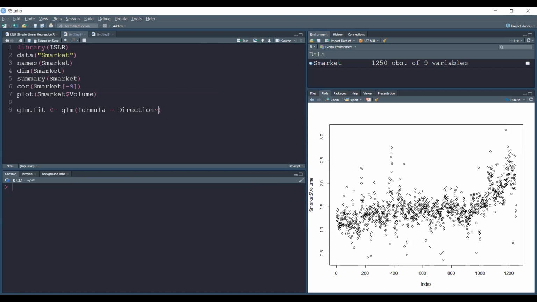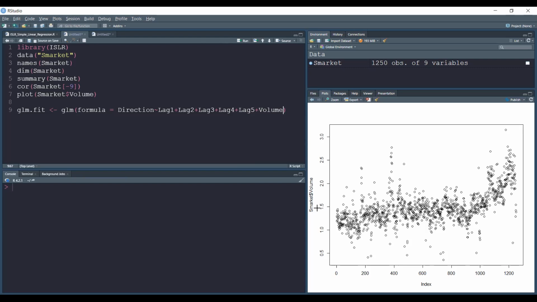Regressed on lag 1 together with lag 2 together with lag 3, lag 4, lag 5, and volume. Do notice that this is something that in the book we didn't quite do.